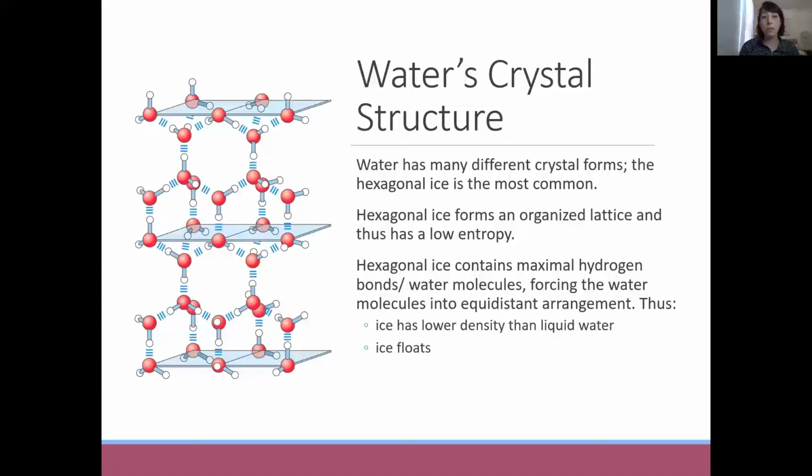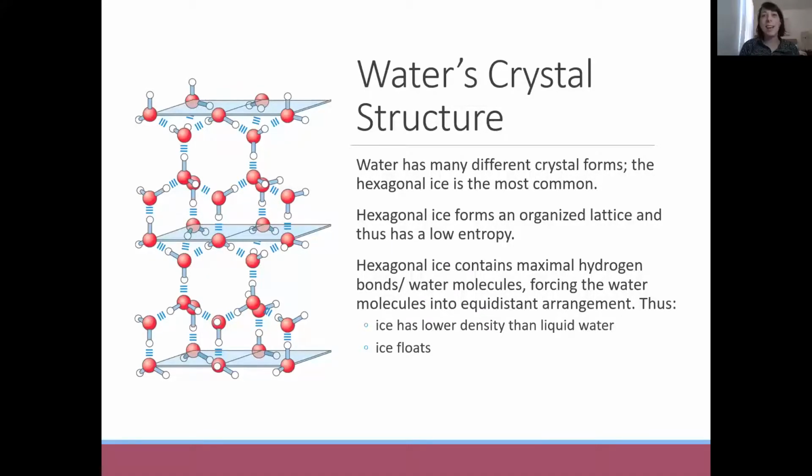Hydrogen bonds are also the reason for water's crystal structure. Water uniquely has many forms of its crystalline form. The most common form is this hexagonal pattern, hexagonal ice. But there are lots of types of ice.